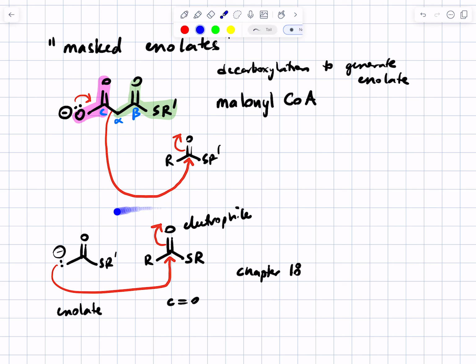Okay, it's all right if you don't understand this step yet. It's not that hard. You actually should sort of be able to follow it. Ketones, carbonyl compounds are electrophiles, enolates are nucleophiles. But the point is we're using decarboxylation to make the alpha carbon supernucleophilic so it can do chemistry. All right, and then questions about that?